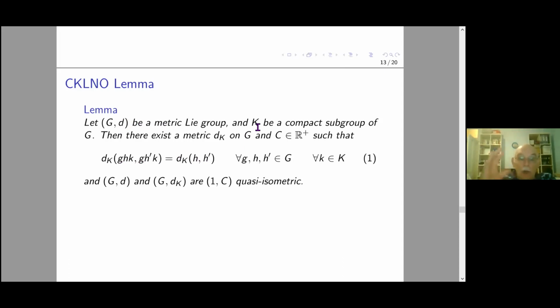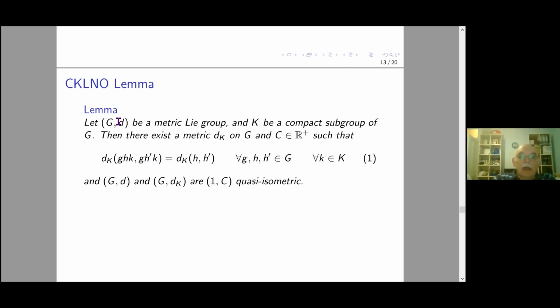But if I've got a compact subgroup, then I can take this metric and modify it a little bit so that the new metric has a double invariance property. Not only is it invariant under left multiplications by G, but it's also invariant under right multiplications by elements of this compact subgroup.